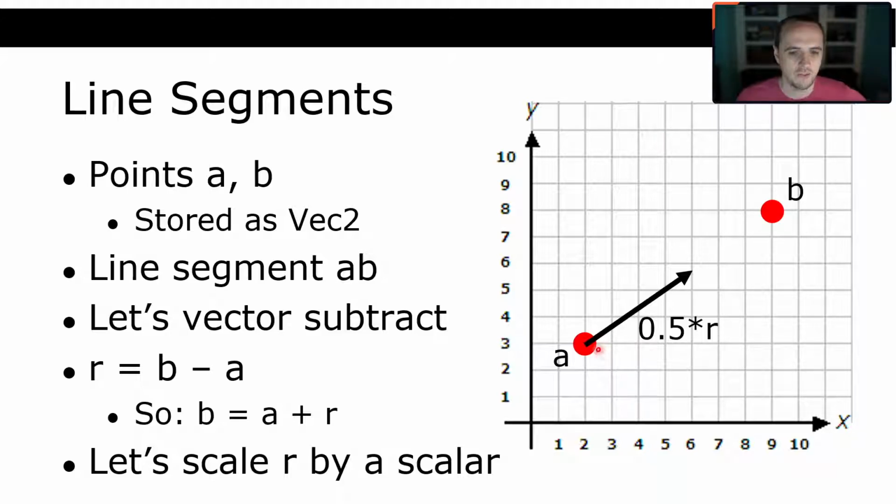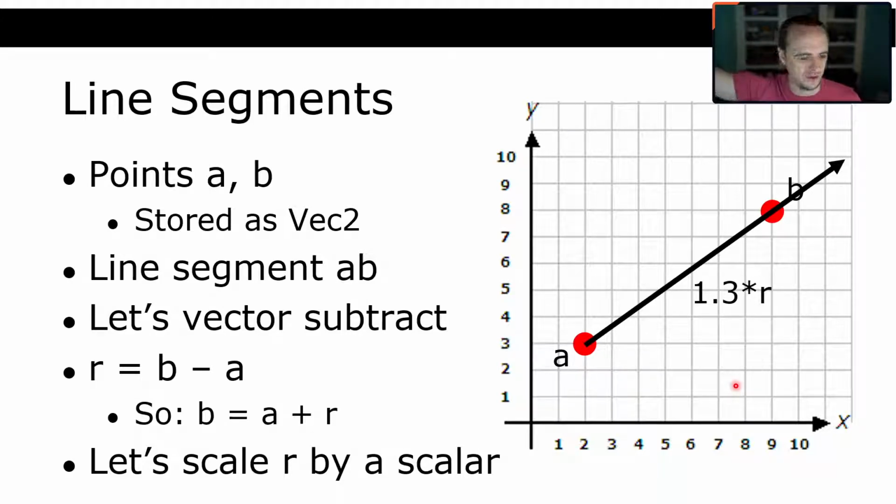Well, that means it's half the x distance and half the y distance. So 0.5 times R defines the line segment which goes from A to halfway between A and B. What about 1.3 times R? This would take the line segment and extend it past B a little bit.